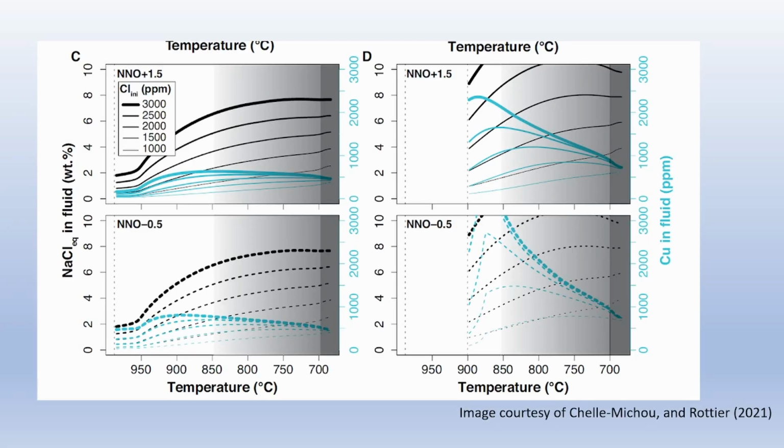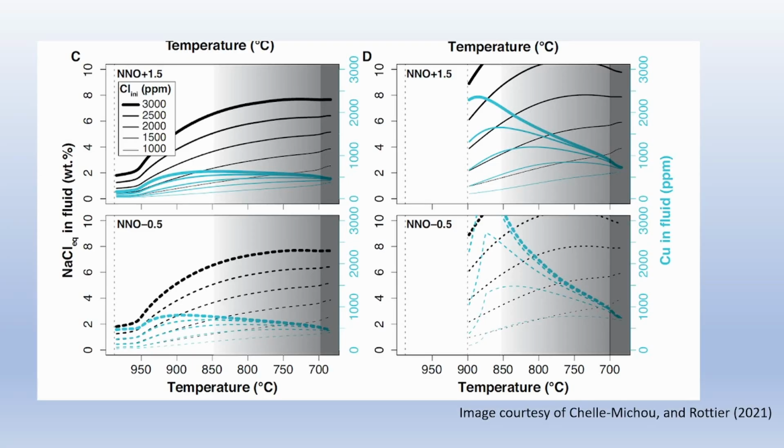Let's start with salinity and how salty the magmatic fluid becomes as the system cools. Each curve shows a different starting chlorine content in the melt, from 1000 to 3000 ppm. At high oxygen conditions, plus 1.5 NNO, salinity increases steadily with cooling.